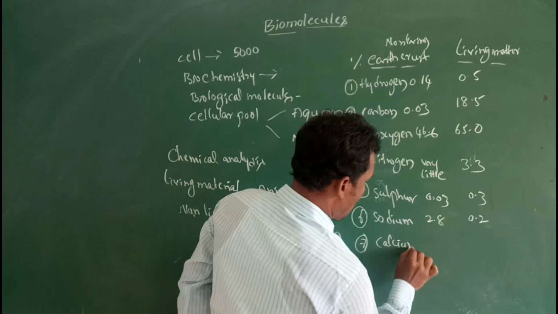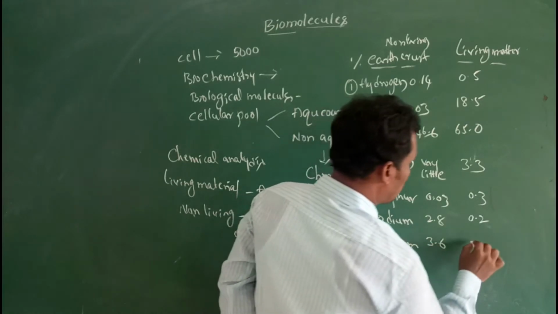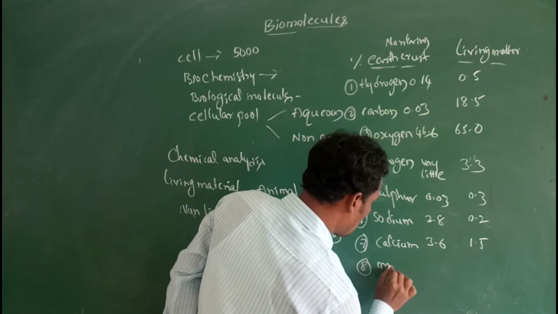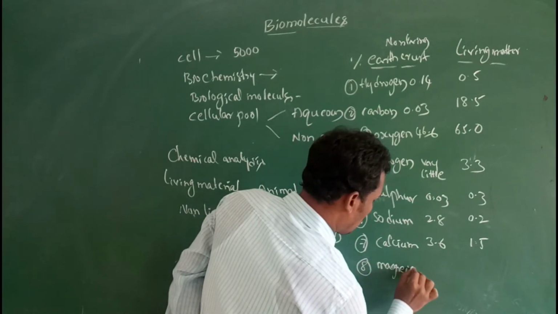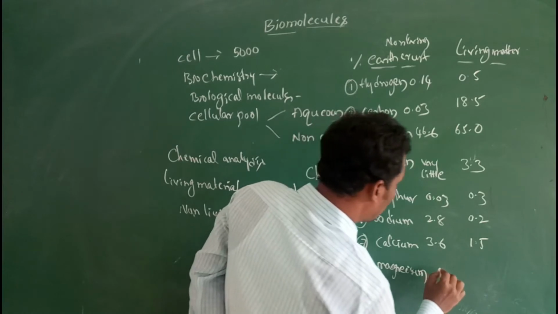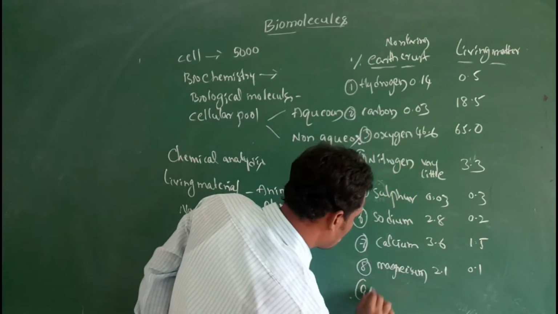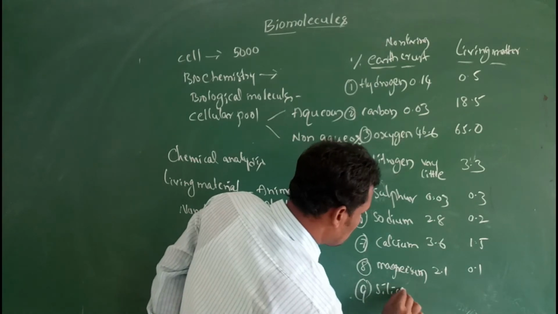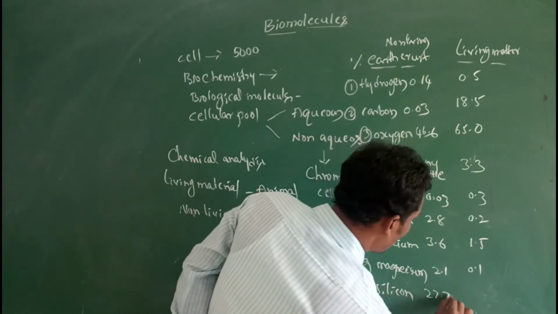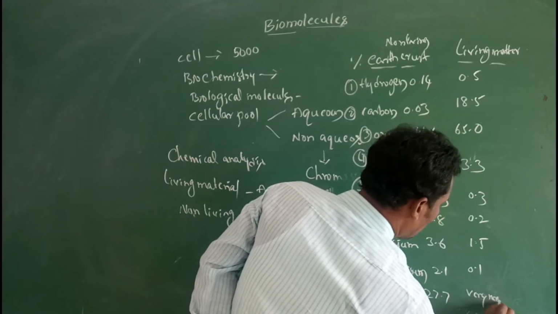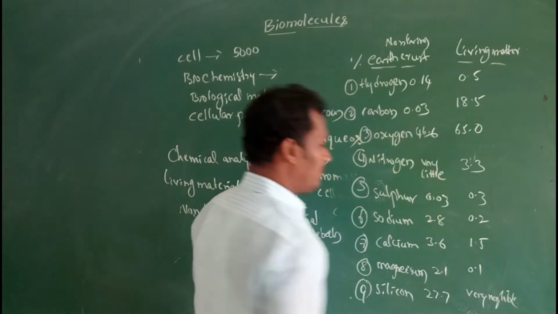Calcium: 3.6% and 1.5%. Magnesium: 2.1% and 0.1%. Then silicon: 27.7% in earth crust, and very negligible in living matter.